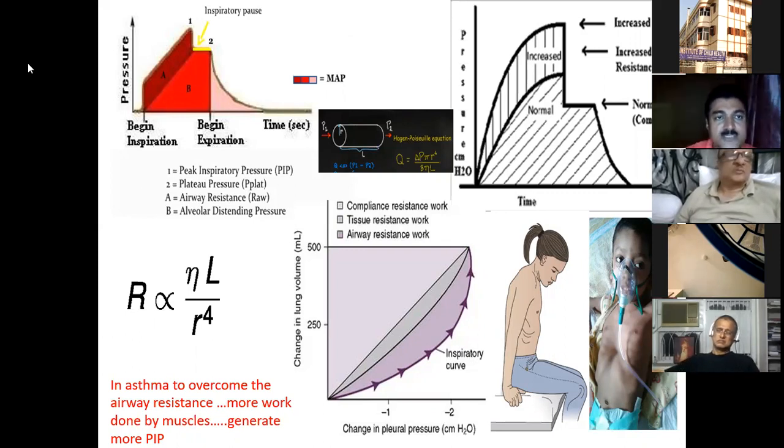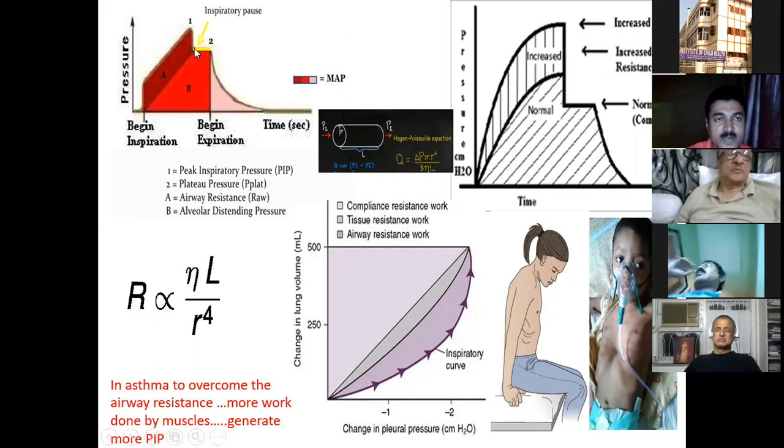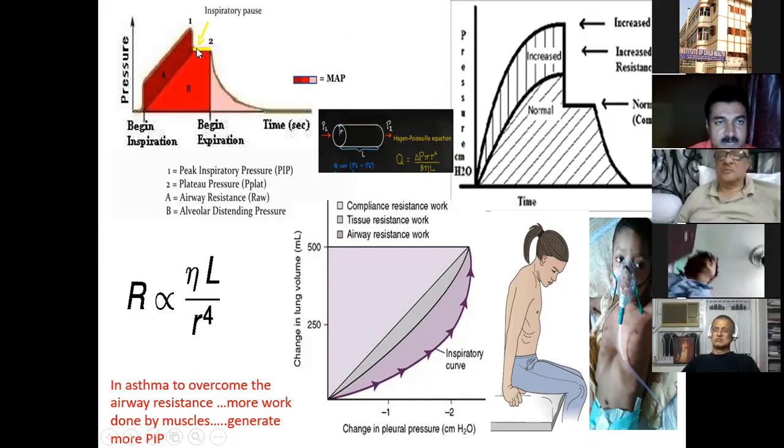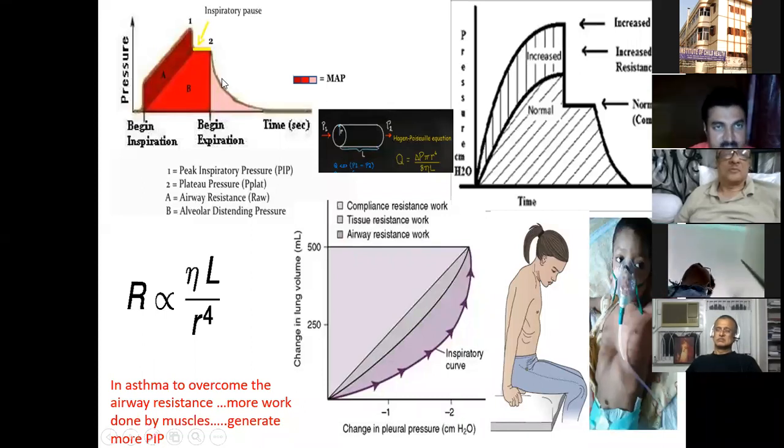So this point is called inspiratory pause or plateau pressure, and then expiration starts. So we have the beginning of inspiration, the peak inspiratory pressure, and a fall due to maximum dilatation of the alveoli. Then this fall persists at a particular level called inspiratory pause or plateau pressure, then expiration starts.